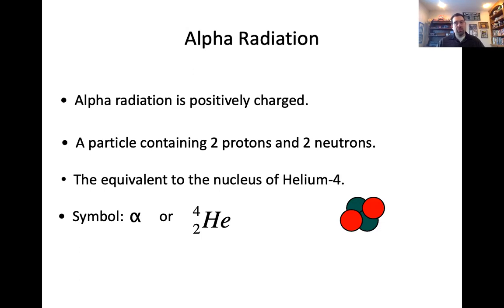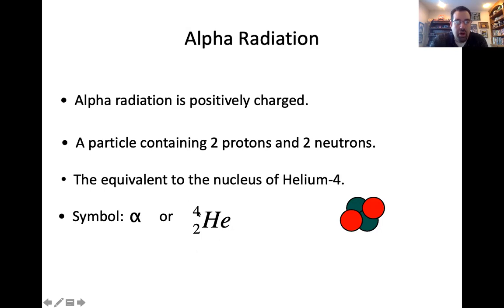There are 2 symbols that we can use to represent the alpha particle. The first one here, this is the Greek symbol alpha, right? So it looks like a little fish, basically, or it looks like an A with fancy writing. And so that's the Greek symbol alpha. And then the second one here, this is the symbol for isotope notation of helium, right?